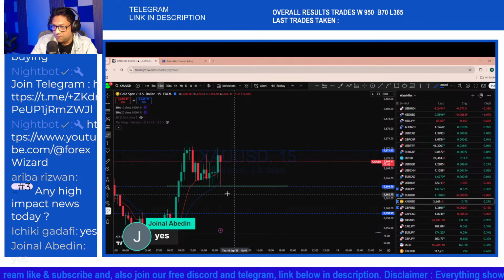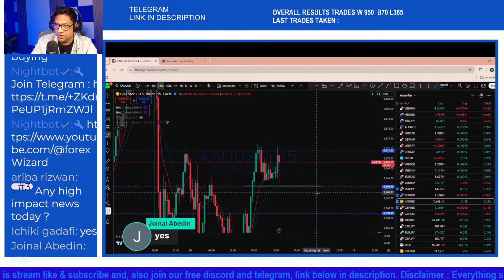If you look at the 15 minutes, you can see that it is forming a long wick candle.